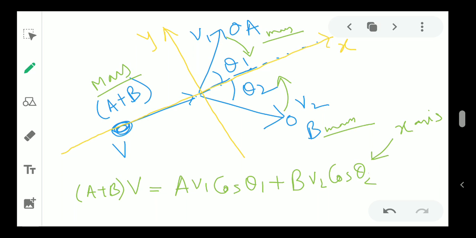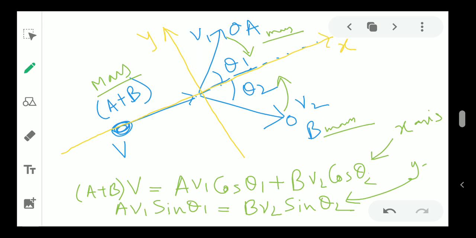And along the y-axis I can write A V1 sine theta 1 is equal to B V2 sine theta 2. Using these two equations we can easily solve for the required value. If some values are given, we can find the other values.